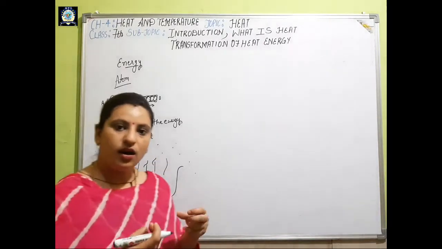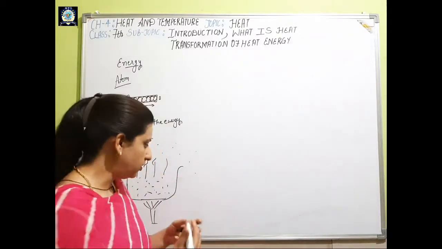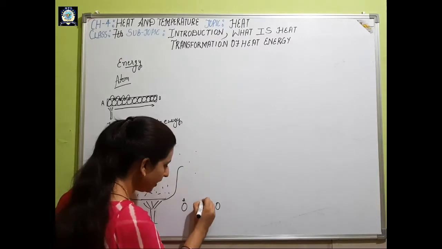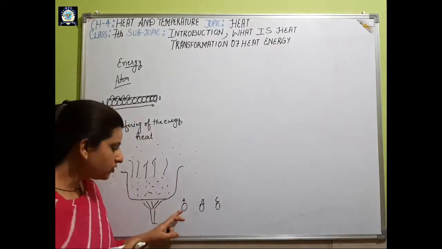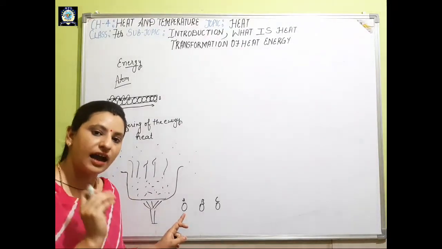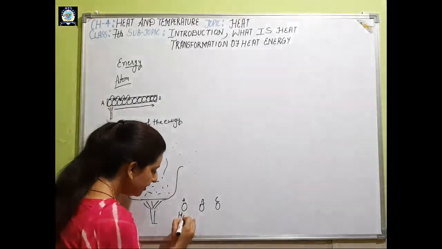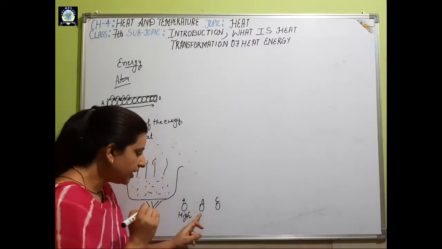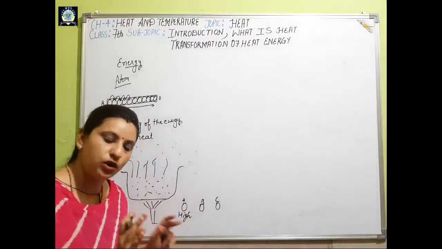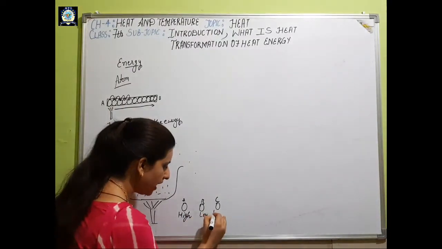To understand this more effectively, I will take three molecules and name them A, B and C. Suppose the A molecule, or A atom, is at very high temperature, and B and C are at low temperature. Now what will happen?